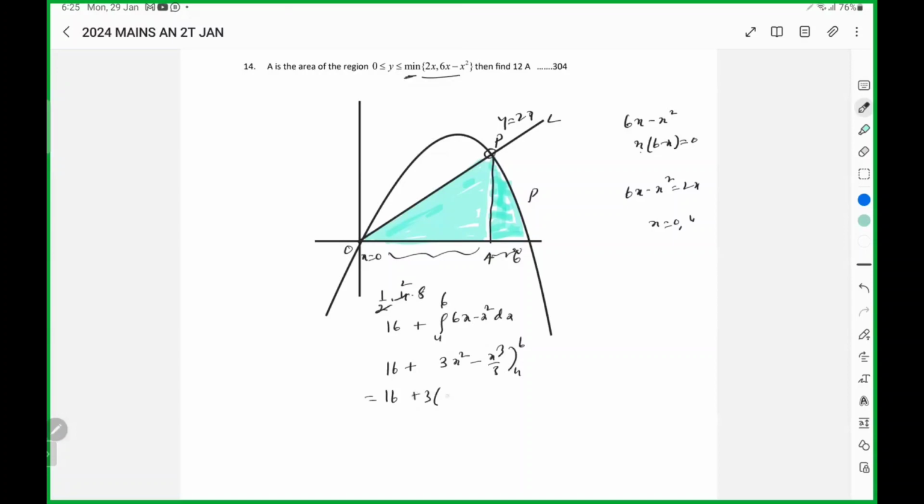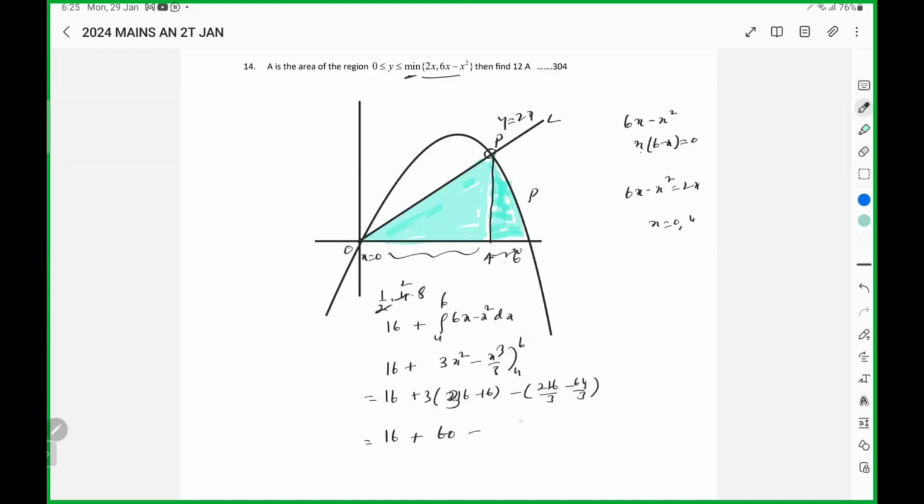That is 6x square by 2 minus x cube by 3 between 4 and 6. 6 square, 216 minus 16. Here it is 6 square, so 36 minus 16. 3 into 20, 60.